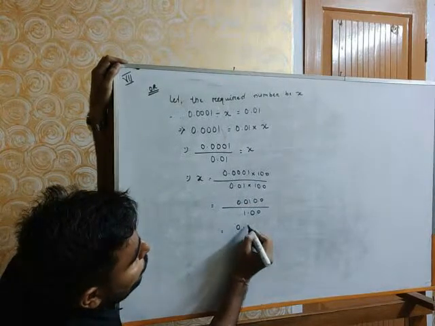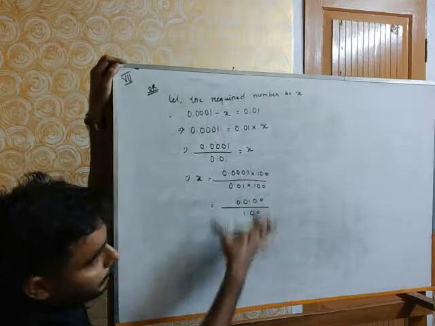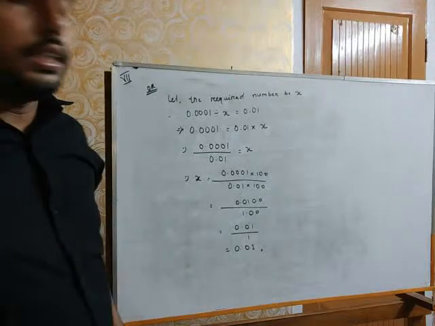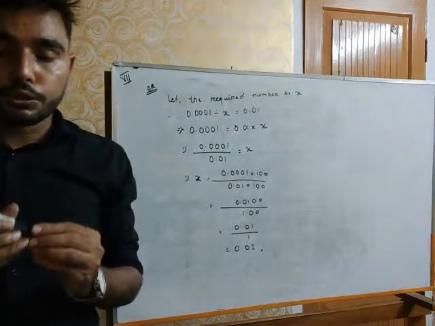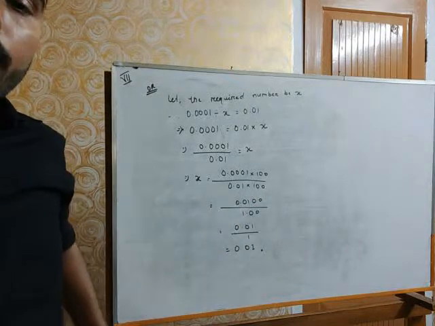So it will become 0.01 divided by 1, that is 0.01. This calculation is the same as what I have taught you in the last one. Here we have solved by taking x. Whichever method you find easy, you can follow that method, that's not an issue.